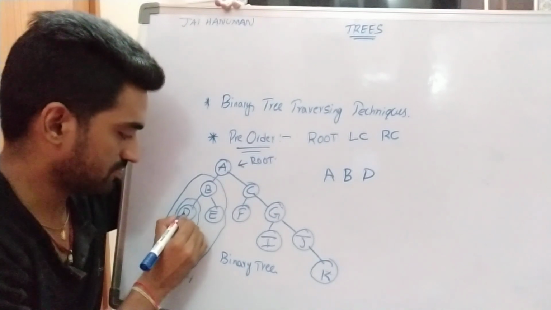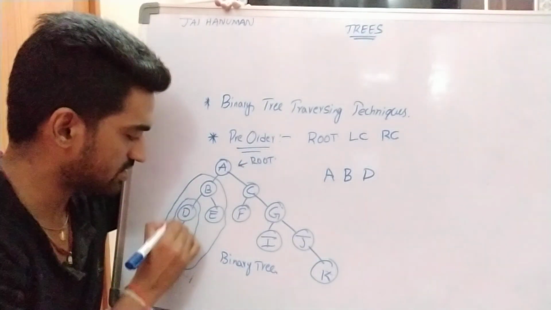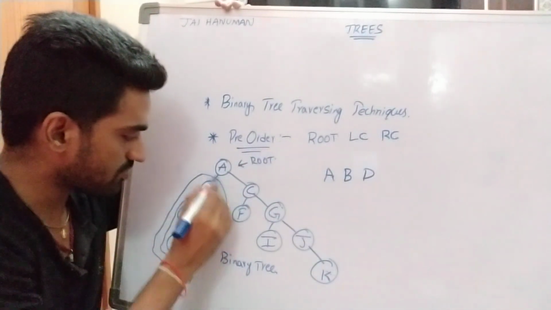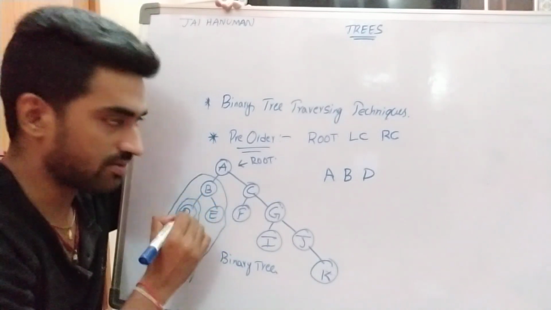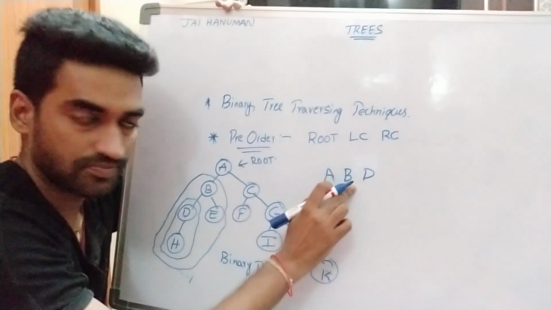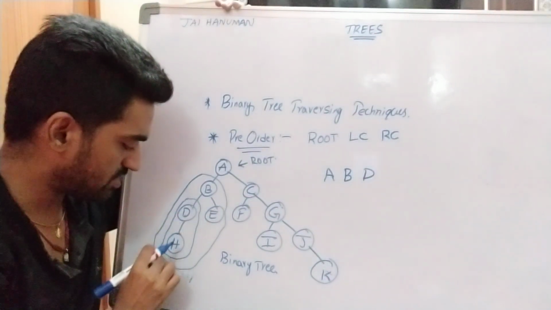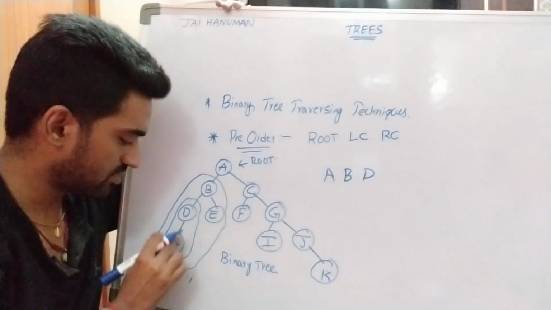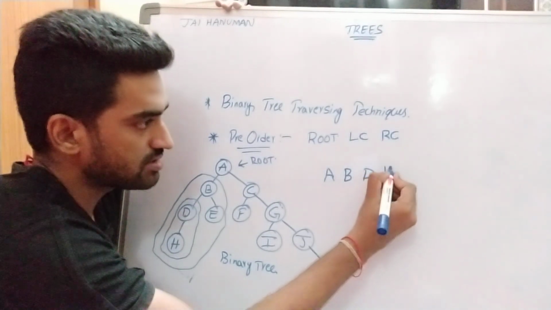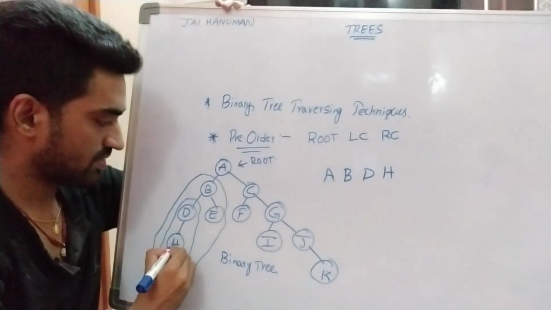D. So we visit D first. For the bigger subtree, the root node is B, so I visit B, then D. For H there are no children, so H is visited, right?